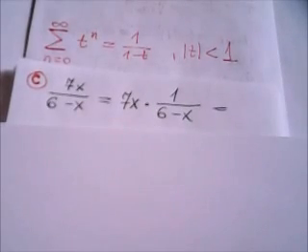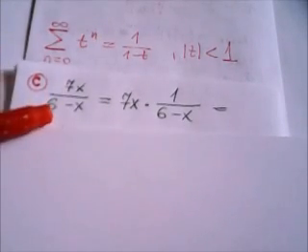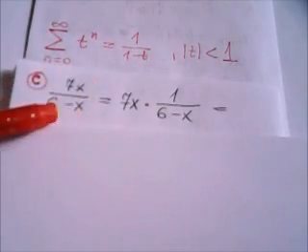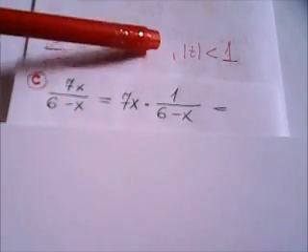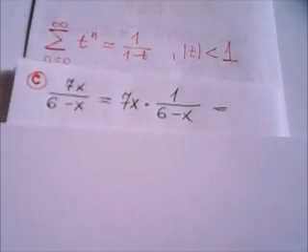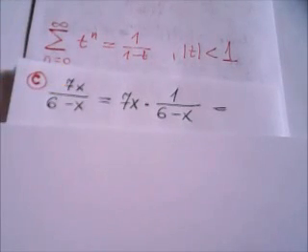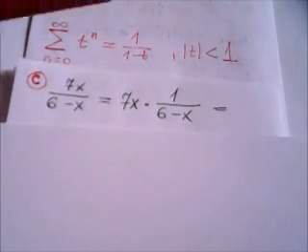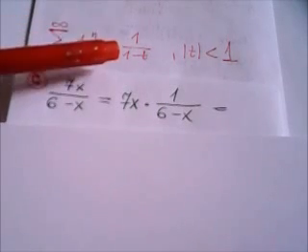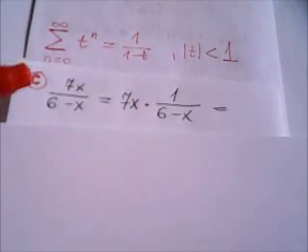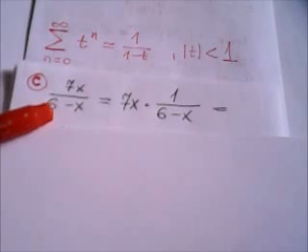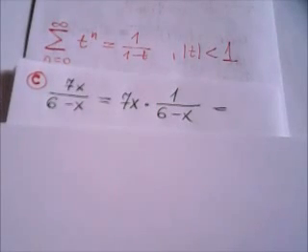Now we have example C, 7x over 6 minus x. This form is not similar to this form. Numerator is not 1. Denominator is 1 minus t. In our example, 6 minus x. We have to convert.